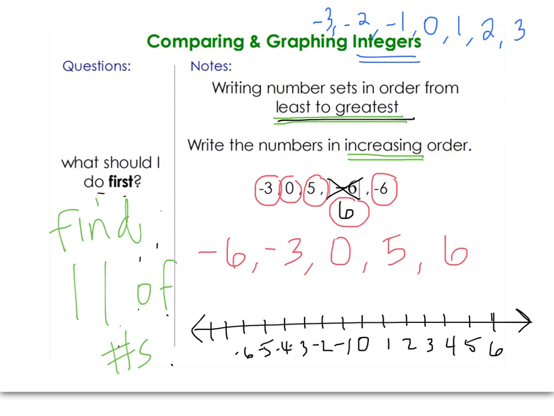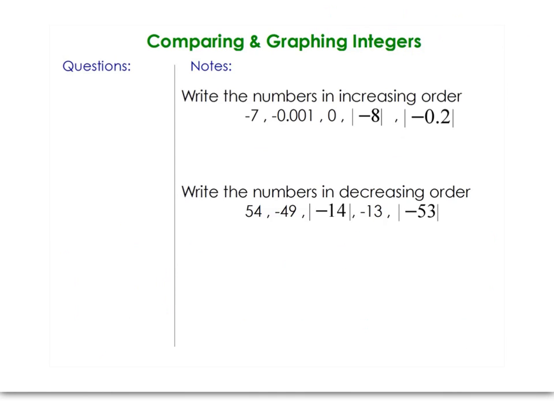We are trying our hardest today, but it's been a rough time. So -6, you got a dot right there. -3, 0, 5, 6. So right now, I just wrote in least to greatest that set of numbers in increasing order, and I graphed them.